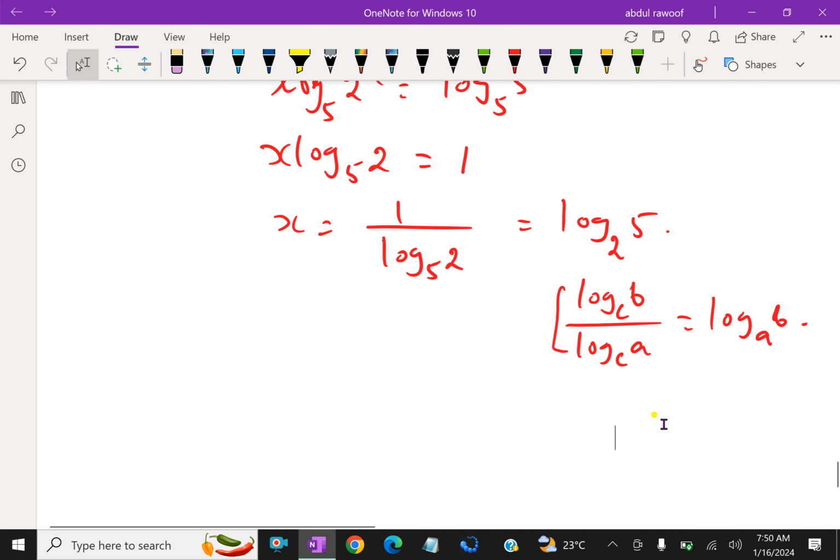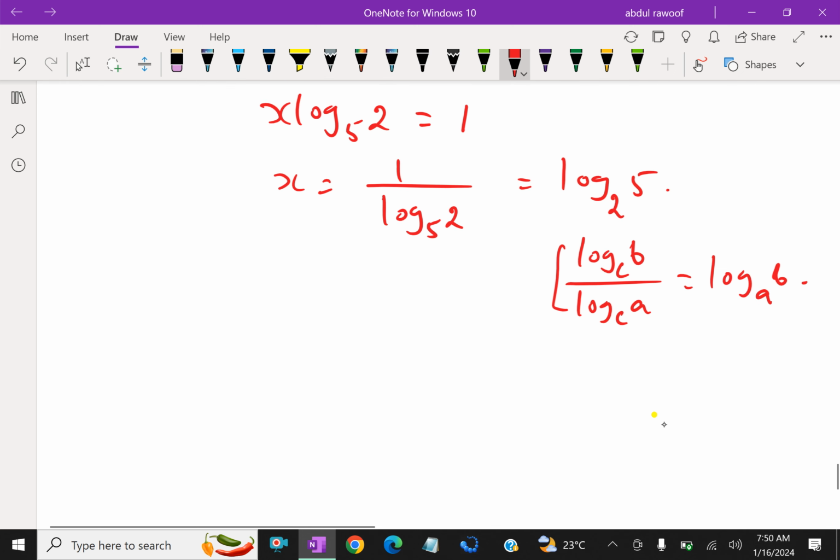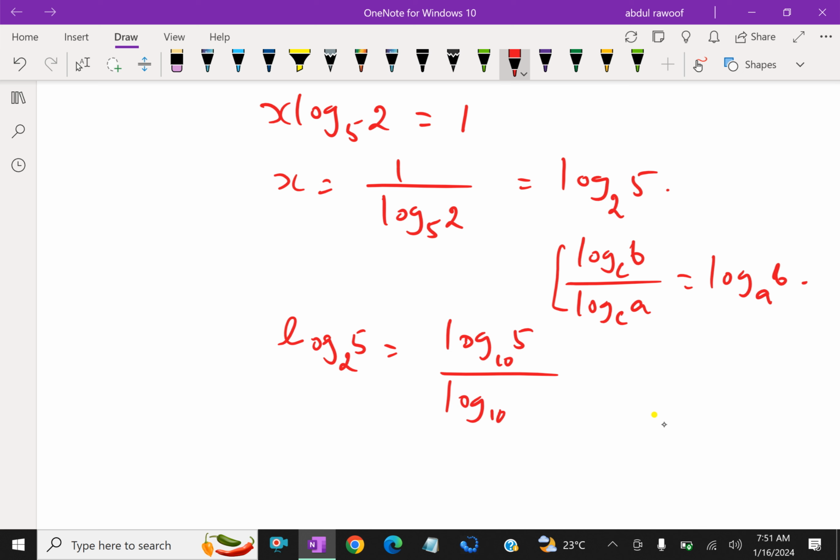Therefore log 5 base 2 can be expressed in terms of base 10: log of 5 base 10 over log of 2 base 10.